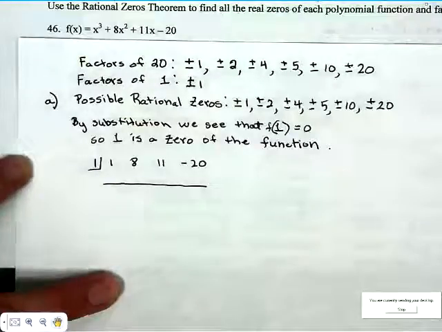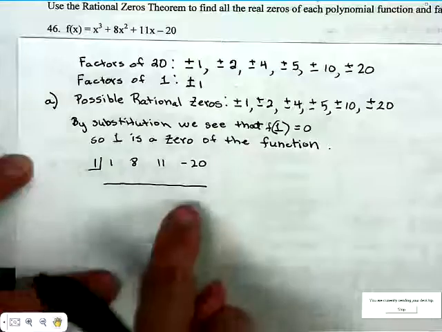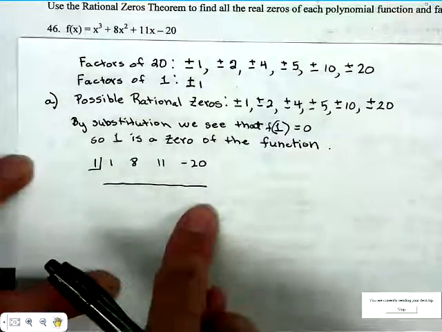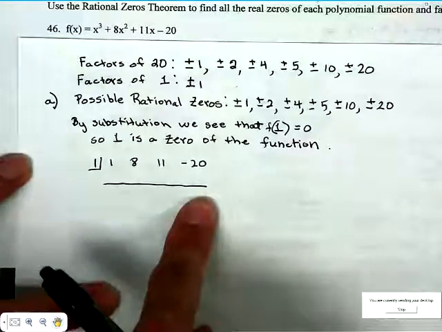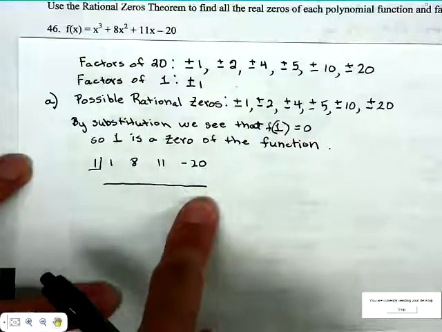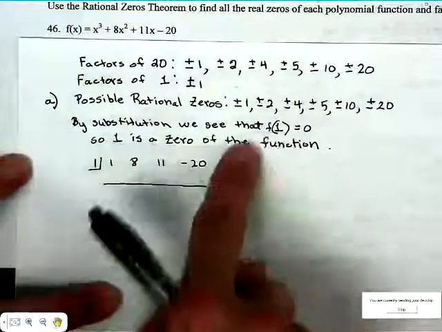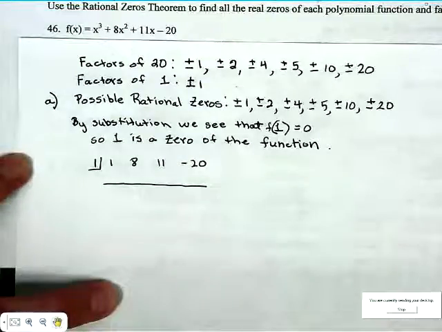And if I'm right about 1 being a 0 of this function, what do I expect this remainder to be? 0. If it's not, either I've messed up my synthetic division or I was wrong about getting 0 when I plugged 1 into the function. Let's see.